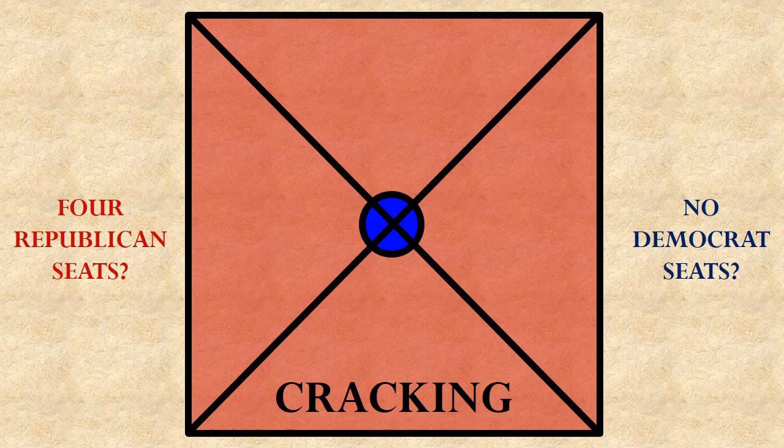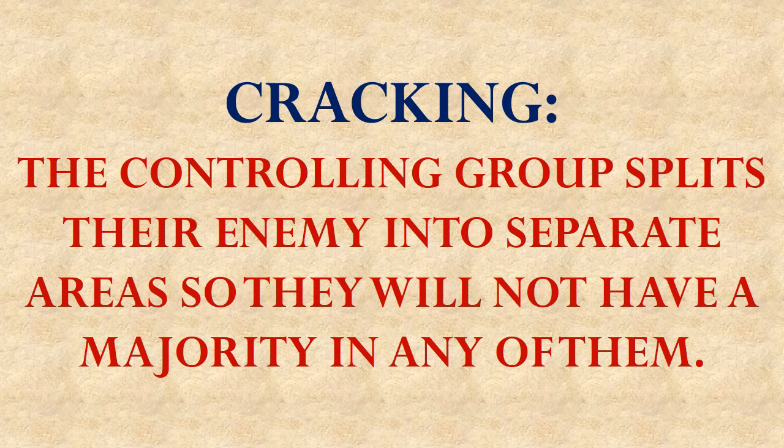So while the Democrats are electing no one, all 4 seats from this state would then be filled by Republicans. So when a state legislature decides to use cracking as its gerrymandering method, it will then split the enemy up, the Democrats in this case, and put them in separate areas where they'll never have a majority in any of them.